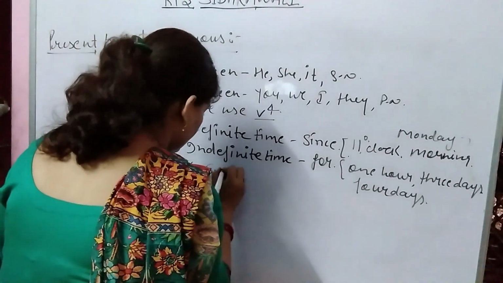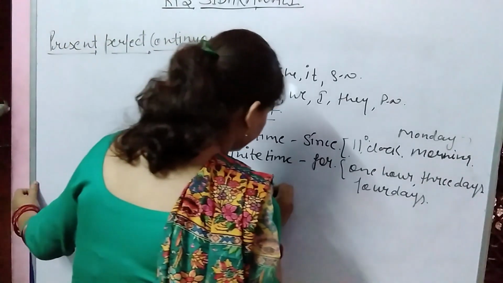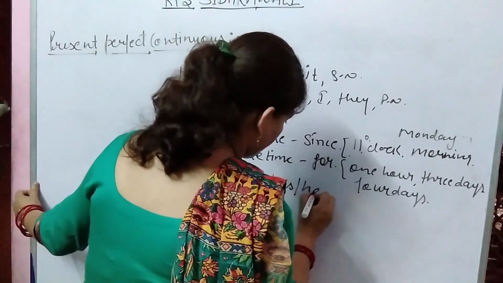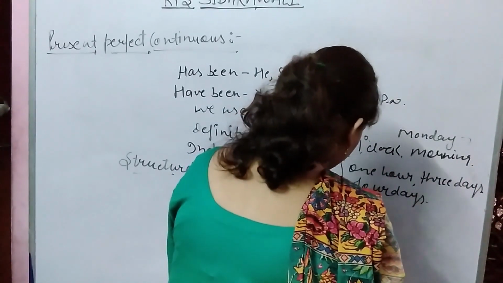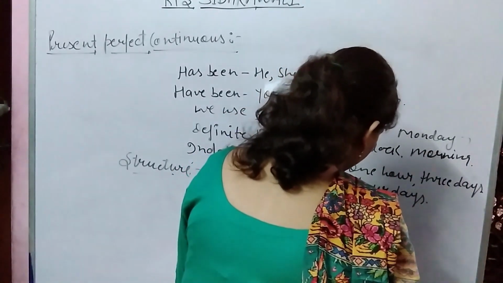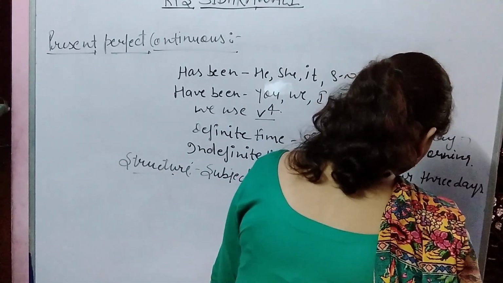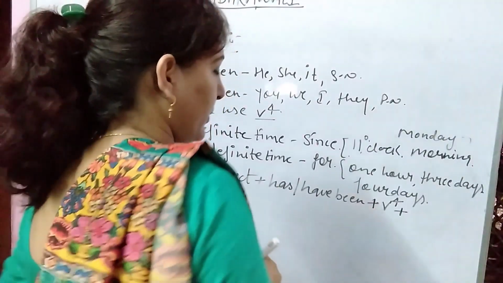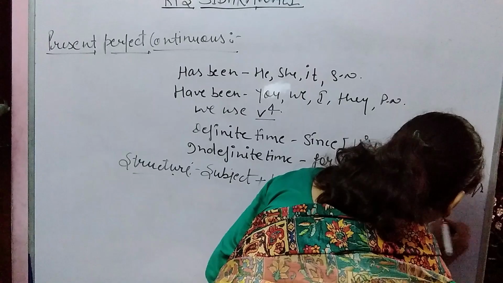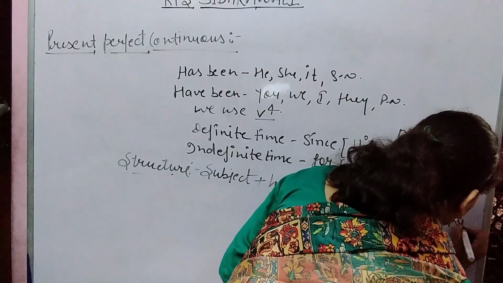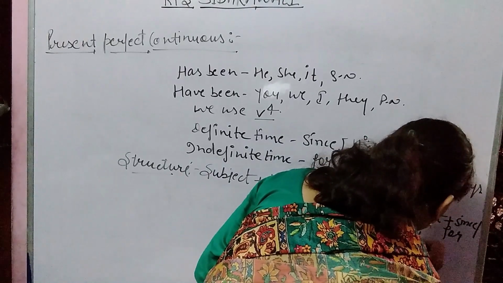Subject plus has been, have been, plus V-ing, then object, since and for, and the last, time.